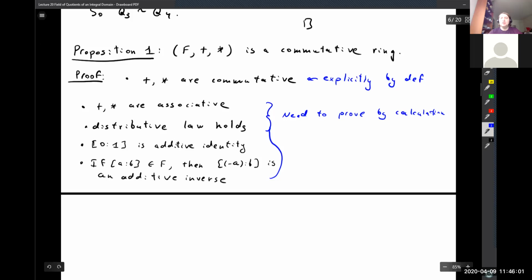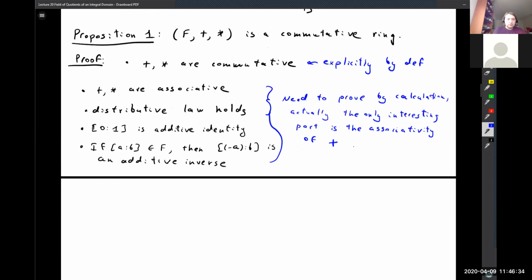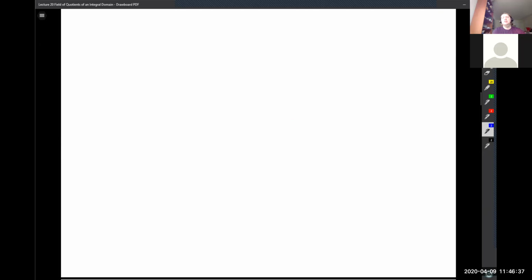We need to prove this by bulk calculation, and actually the only interesting part is the associativity of the operation plus. Now, what is more interesting is Proposition 2.